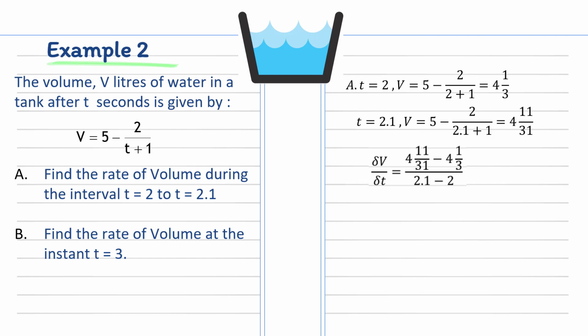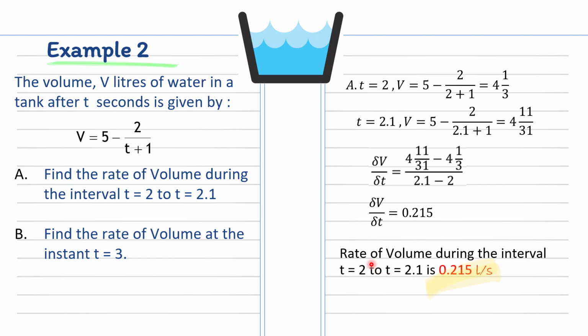So here we calculate v2 minus v1 divided by t2 minus t1. So it is 0.215. Then here, rate of volume during the interval t equals 2 to t equals 2.1 will be 0.215 liter per second.